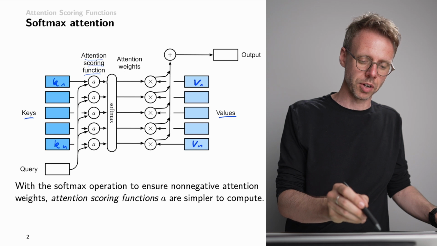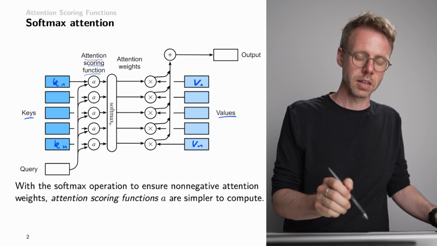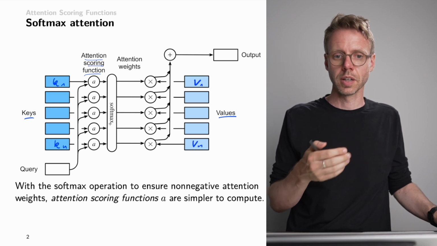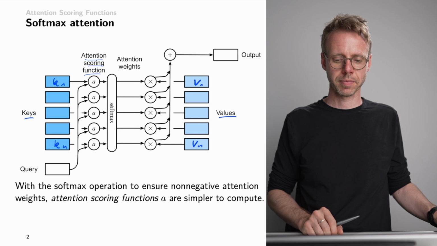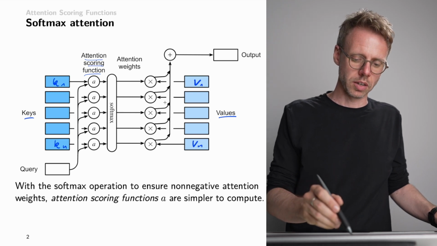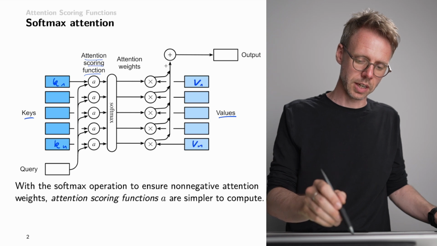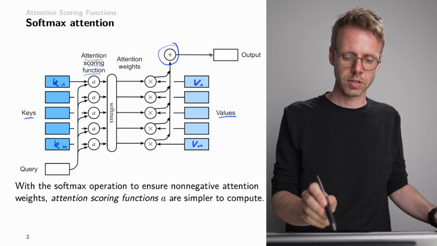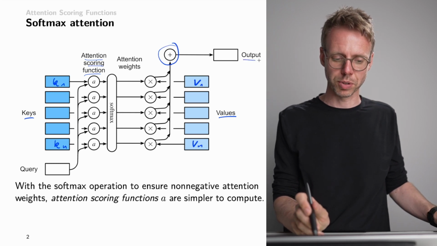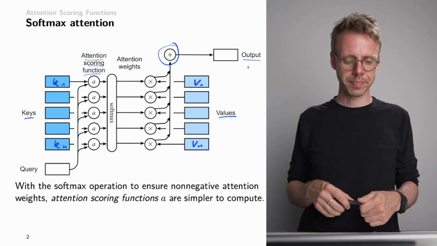And now you're computing a weighted average over the values where the weights are based on the attention weights. So the outputs of the attention scoring function are brought to a value between 0 and 1 using the softmax. And all of these weighted values are then added together to compute the output of the softmax attention layer as this weighted average.